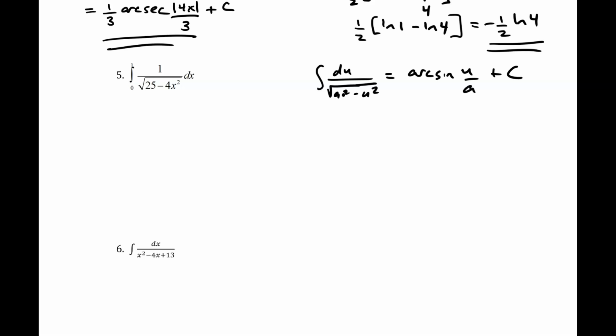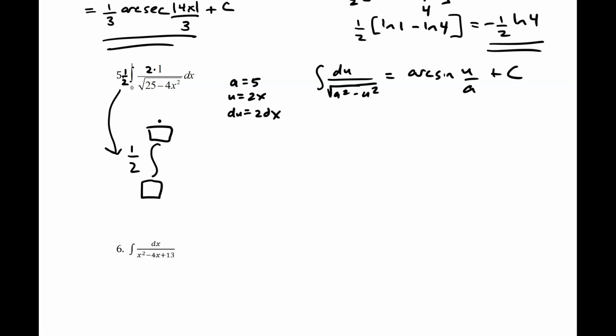And if my a squared is 25, that means a in my problem is 5. And if my u squared is 4x squared, then that means u would be equal to 2x. But I still need to get du, so du would be equal to 2 dx. So I adjust, and my problem becomes 1/2, and I'm going to change those limits of integration in just a second, but 2 dx becomes du, and then the denominator is the root of 5 squared minus the quantity 2x squared.